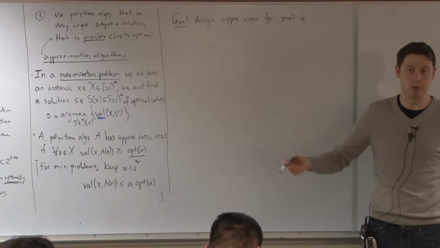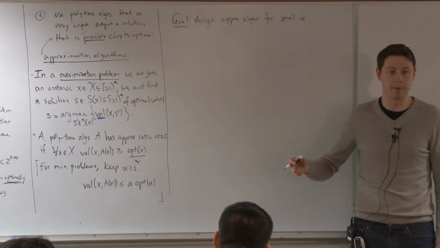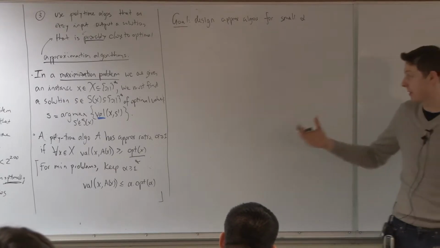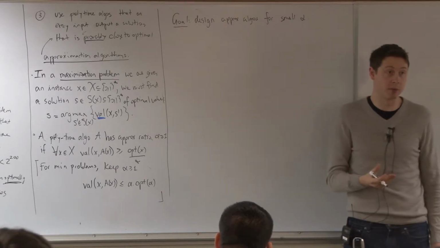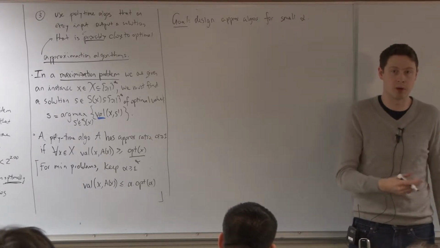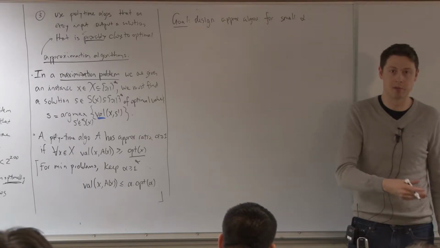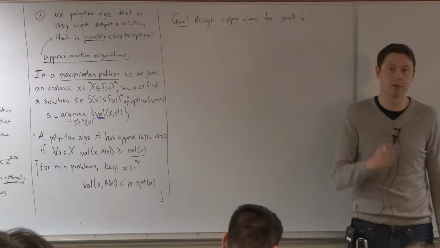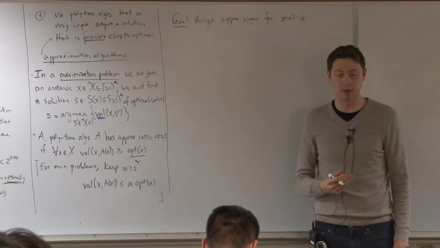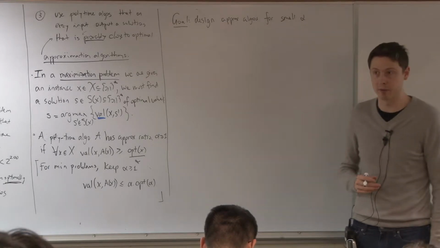Obviously, here we are targeting NP complete problems. This doesn't mean it doesn't make sense to talk about approximation algorithms for tractable problems. You may want to approximate a tractable problem with even more resource-constrained algorithms. But this is a very flexible notion. Right now, we're really talking about NP complete problems.